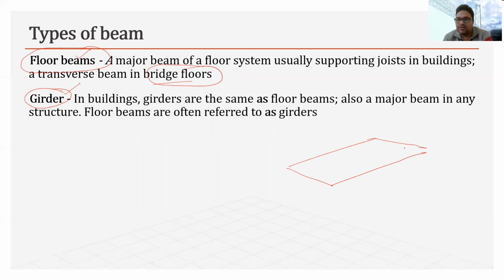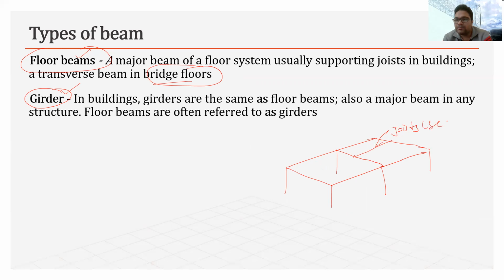Basically, in a building, say this is the column. If the beam is resting on the column, then this may be called the floor beam. Similarly, if the beam is resting on other beams, it may be called the secondary beam or the joists.